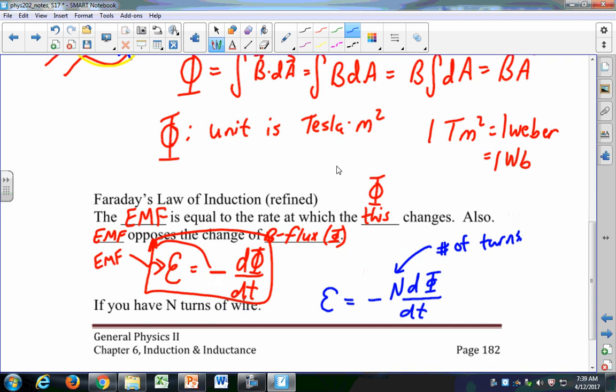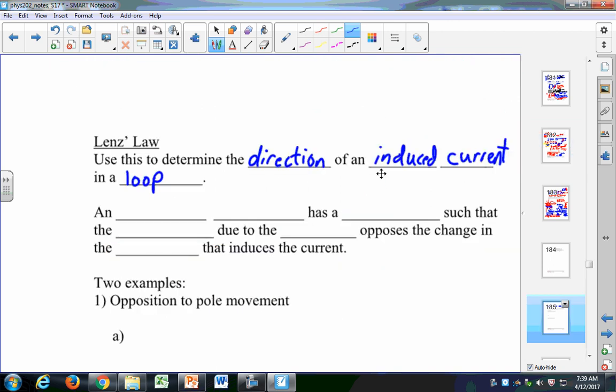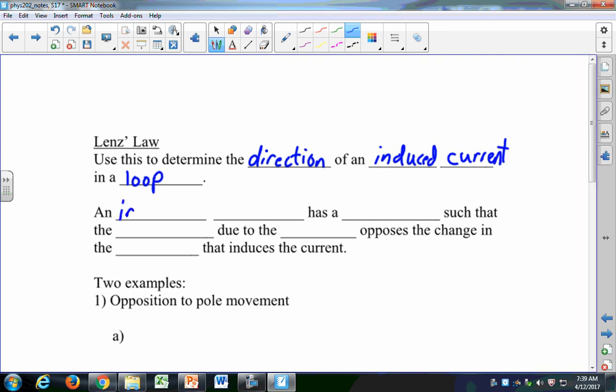Okay, so Lenz's law helps us to describe the direction of the induced current, which is caused by an induced electric field. And it says something like this: an induced current has a direction such that the current opposes the change in the magnetic flux.